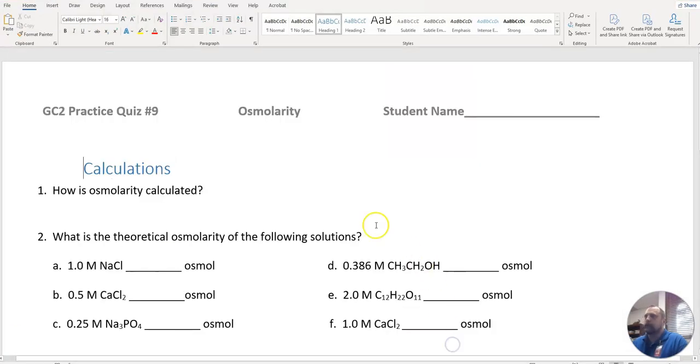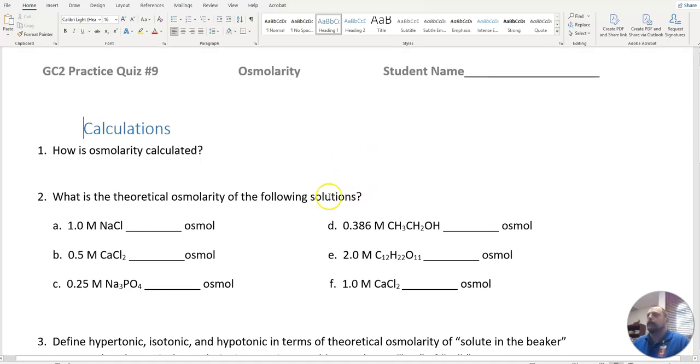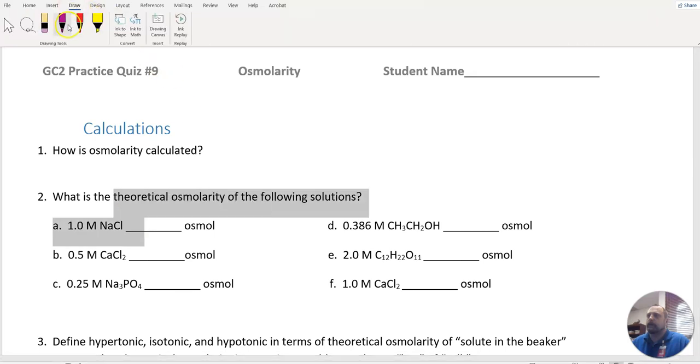And then the last one here is osmolarity, and we're just going to take the Van't Hoff factor and multiply it by the concentration. So here I've got molarity is 1, Van't Hoff factor of 2. I should have an osmolarity of 2.